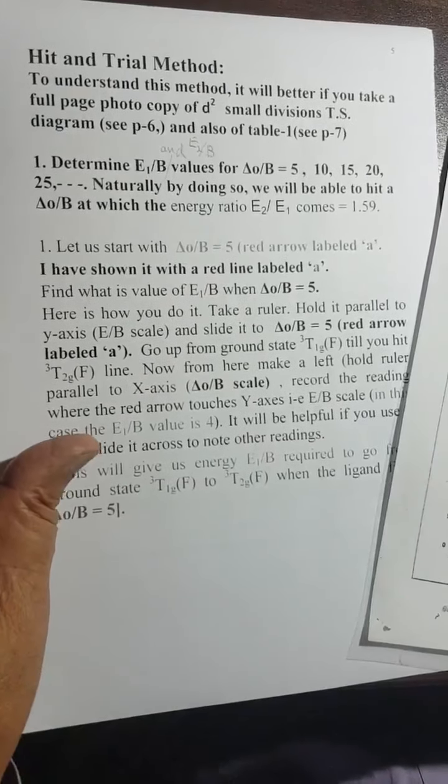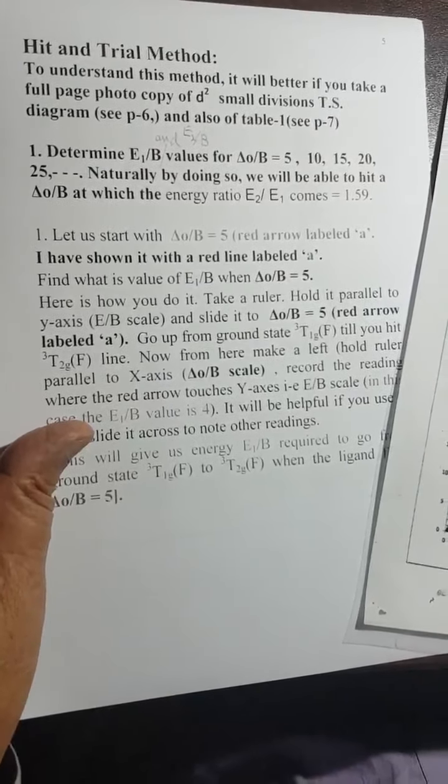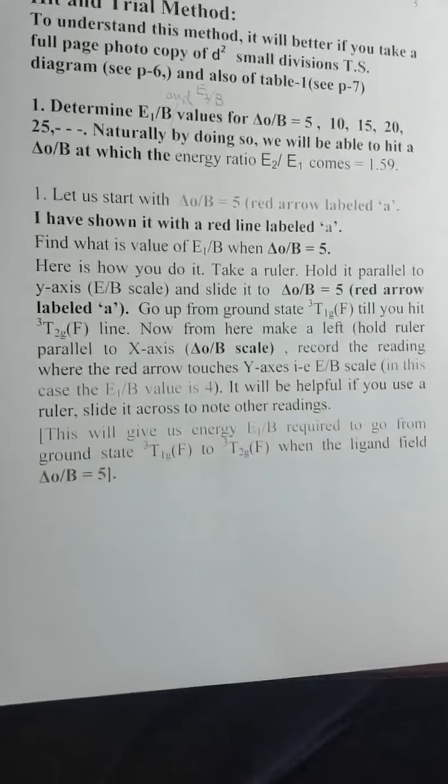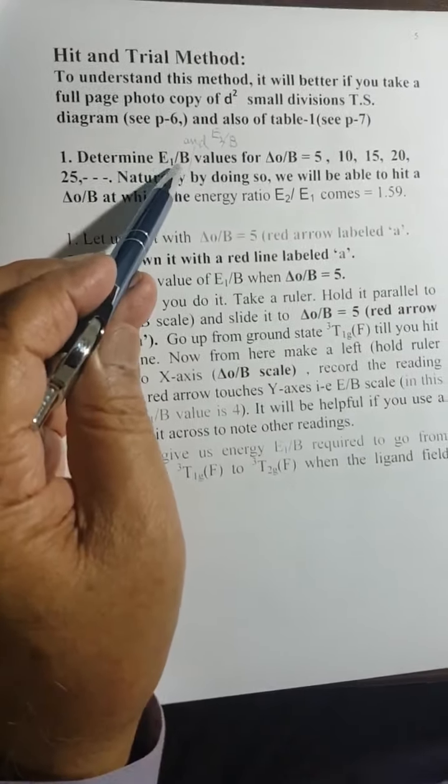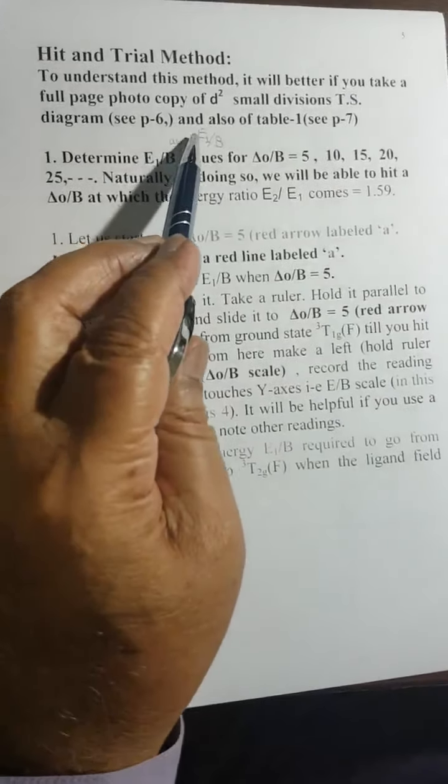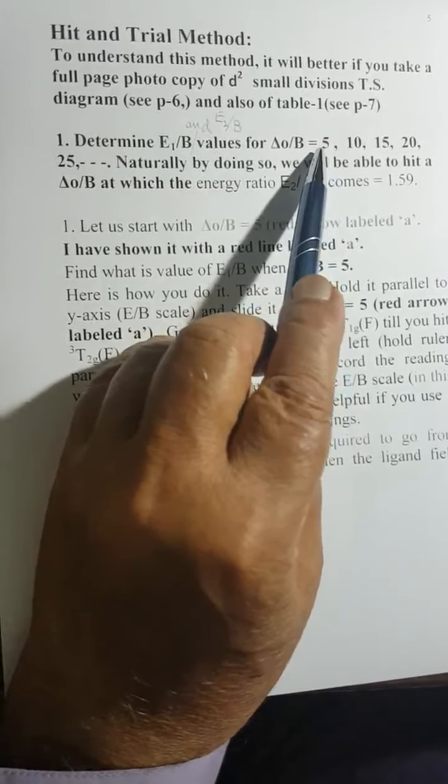Also see the table given on page 7. I will show you in a minute. To begin with, let us determine E1 over B and E2 over B values for delta equal to 5, 10, 15, 20.